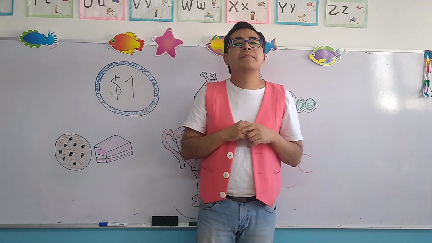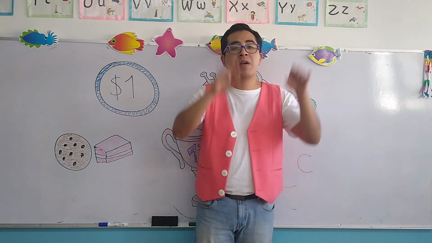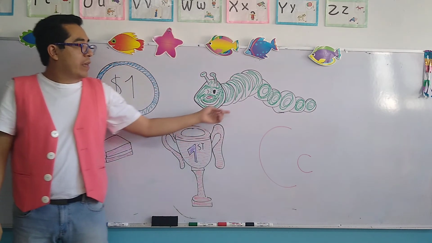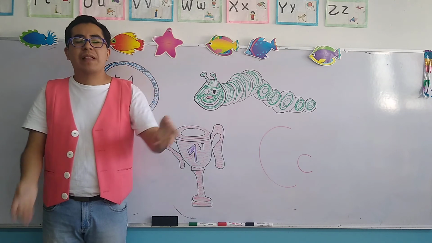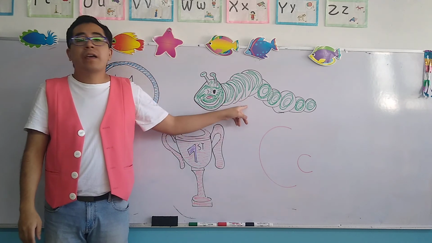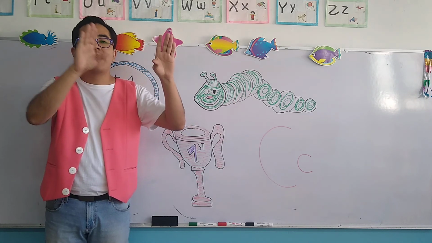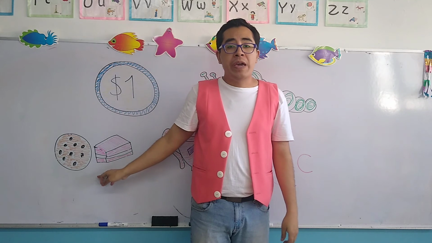Coin. Okay, very good, excellent. Remember, coin, moneda. Caterpillar. One more time, louder, fuerte. Caterpillar. Okay, caterpillar, oruga. Cookie.